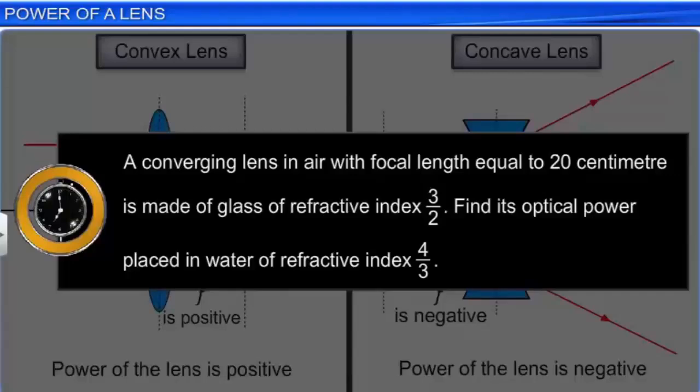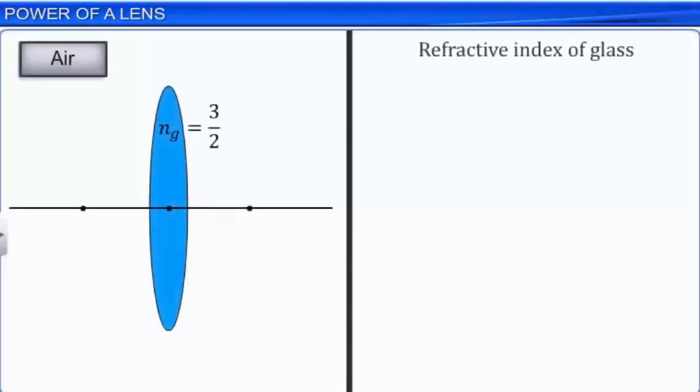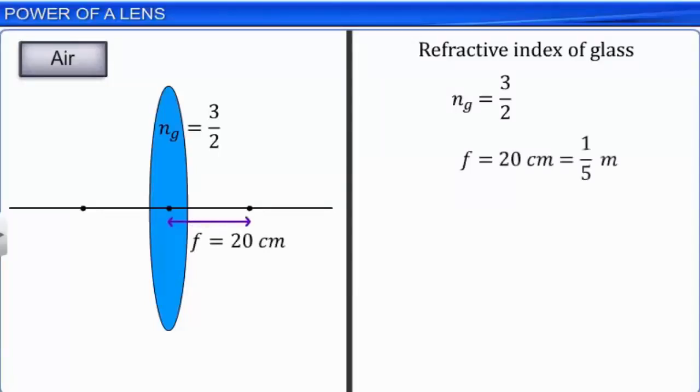According to the lens maker's formula, 1/f is equal to Ng minus 1 into 1/r1 minus 1/r2. Substituting the values of f and Ng in the equation and on further simplification, we get 1/r1 minus 1/r2 is equal to 10 per meter.